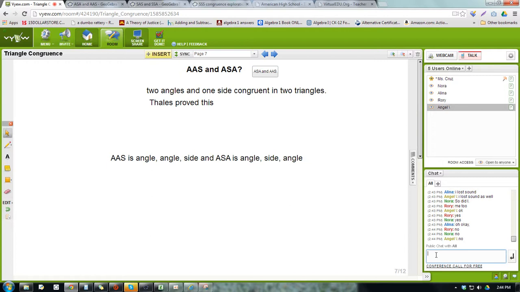We do have the two separate theorems, so whenever you're doing your work, you will have to know the difference between ASA and AAS. But you can say that if you have found two angles and one side that are congruent, that means the triangles themselves are also congruent. So, good work on that one.